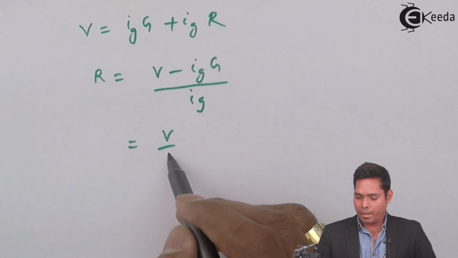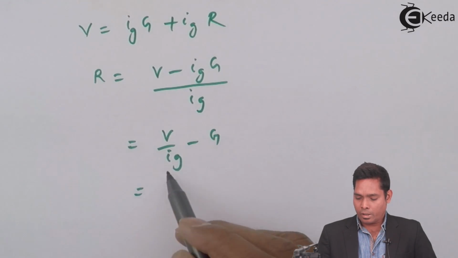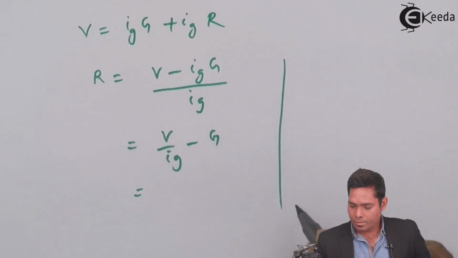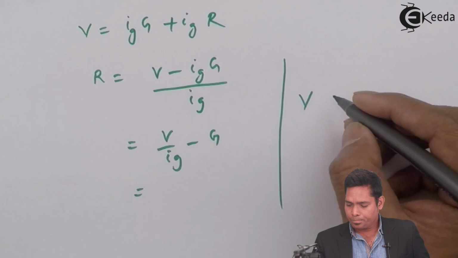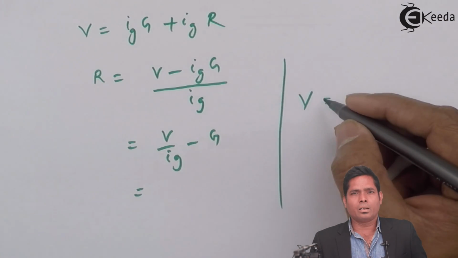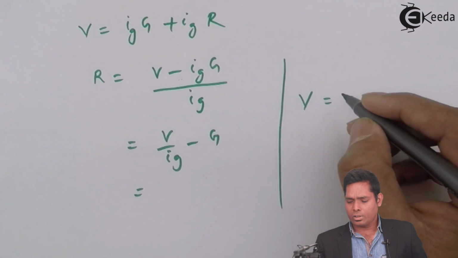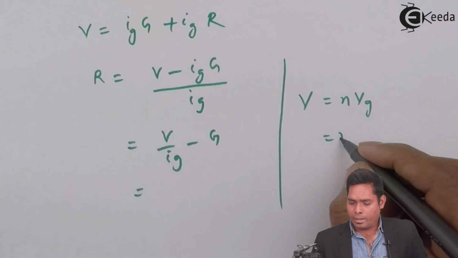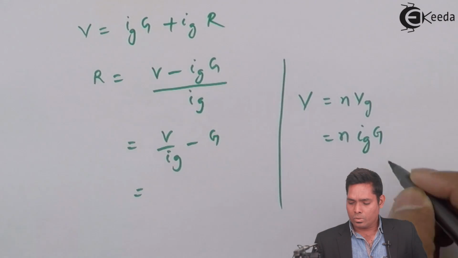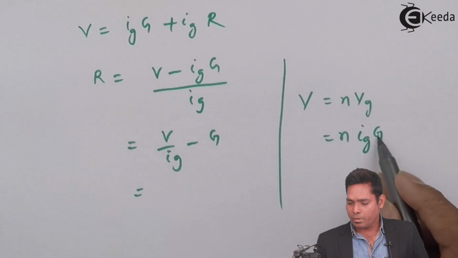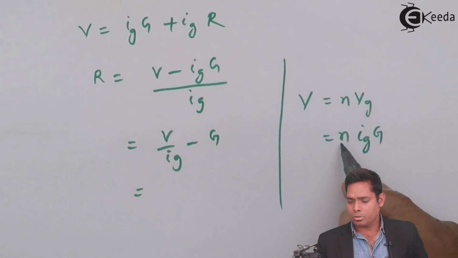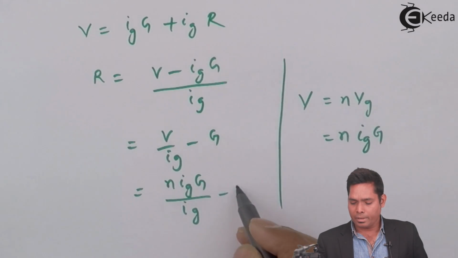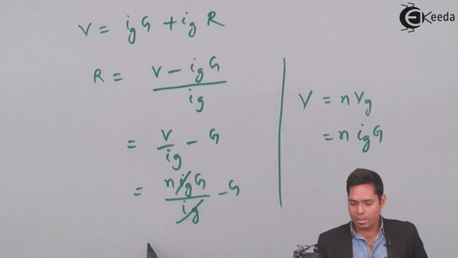This becomes V by Ig minus G, and V by Ig, what is V? V is the final potential difference which is in the range, and that is n times the initial Vg, and initial Vg is Ig into G. So if I substitute this value in place of V, this will be n Ig G divided by Ig minus G. This Ig will cancel out.